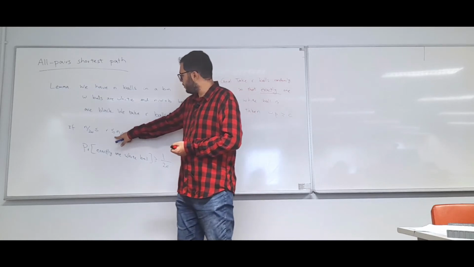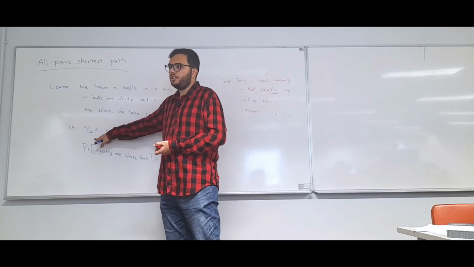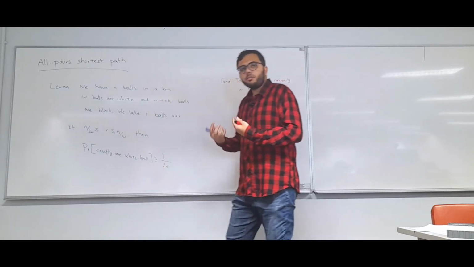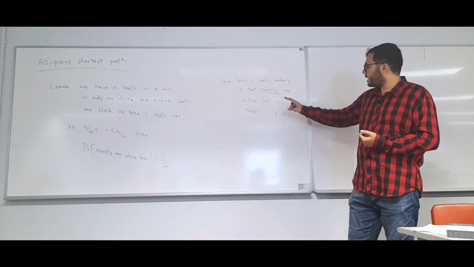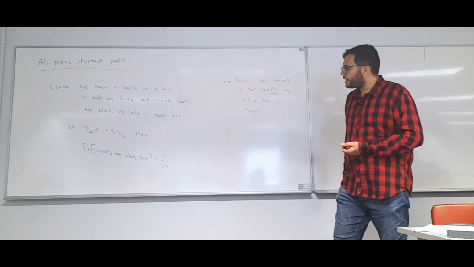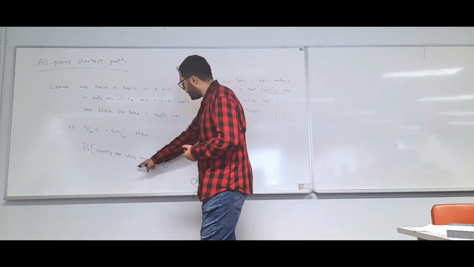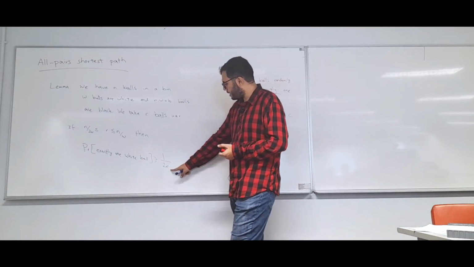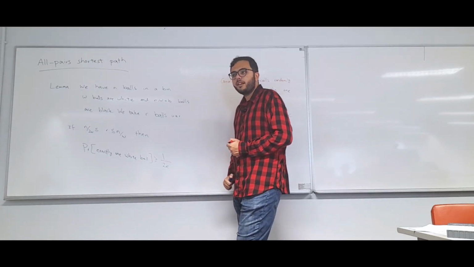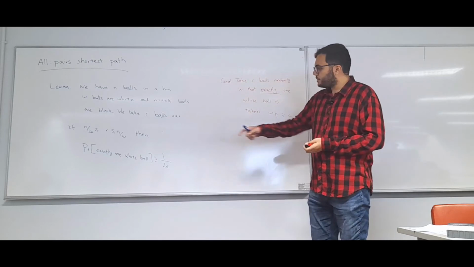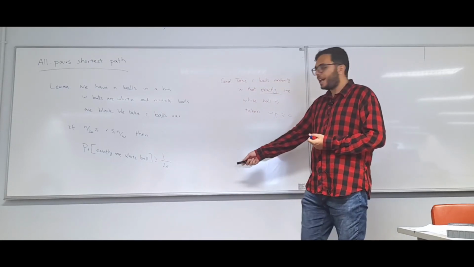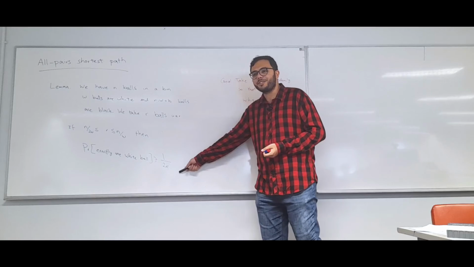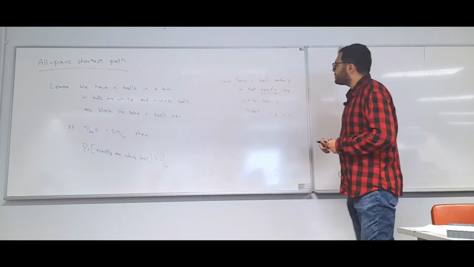So it's between this number and half of it. So I'm almost taking the number of balls that I would need to see exactly one white ball. And then I'm saying that the probability that I see exactly one white ball is more than 1 over 2. Now, we can actually compute this probability exactly. And I'm going to do that, but I'm not going to do the algebra that shows that this is more than 1 over 2. Okay.